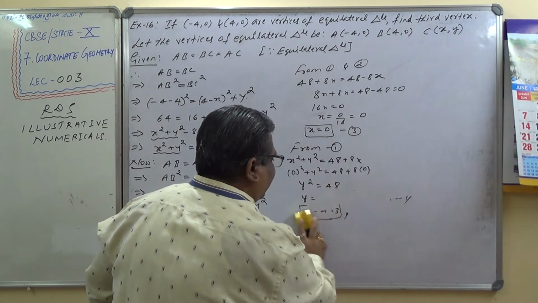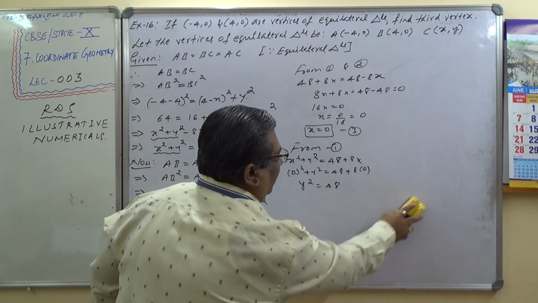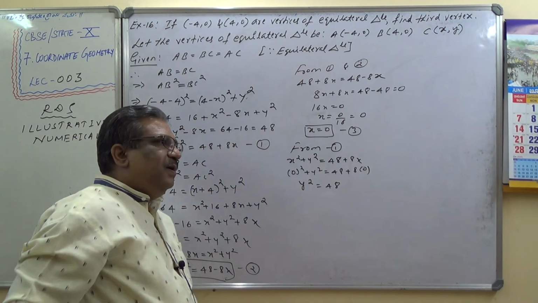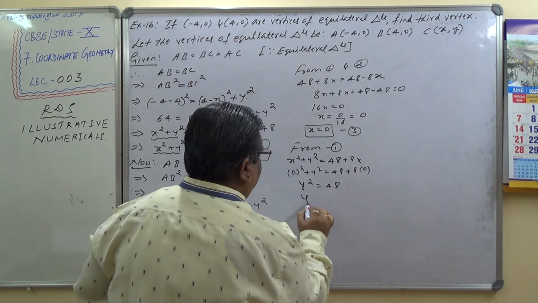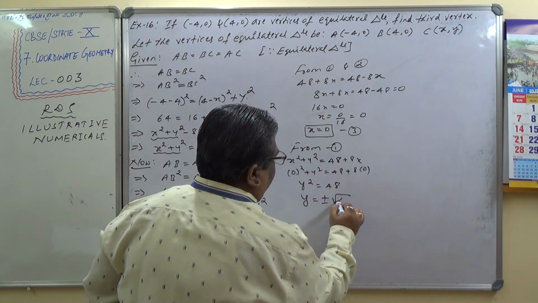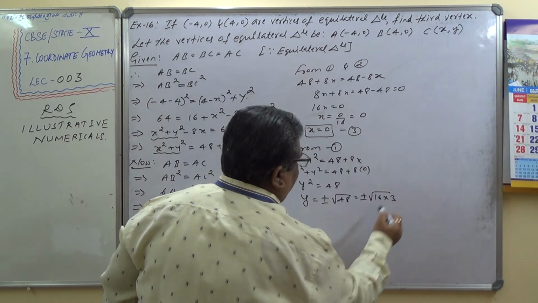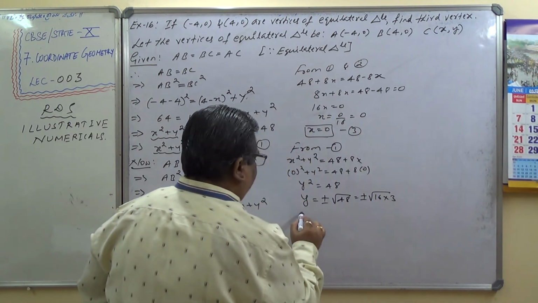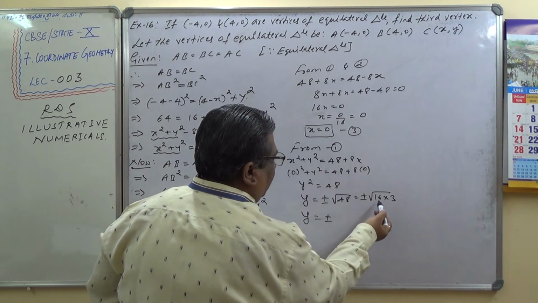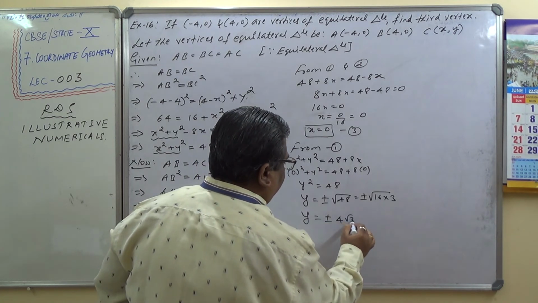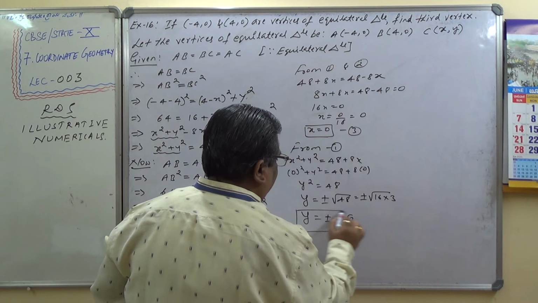But as earlier, even if you do that, it's okay. You may get full marks, but it makes sense if I take this as plus or minus under root of 48, which is plus or minus under root of 16 into 3, and therefore y is equal to plus or minus 4 root 3. So this is how I get it.